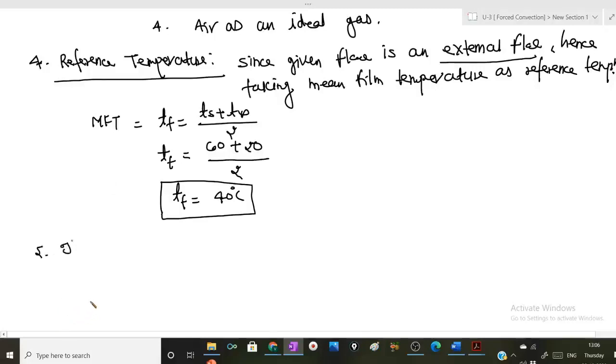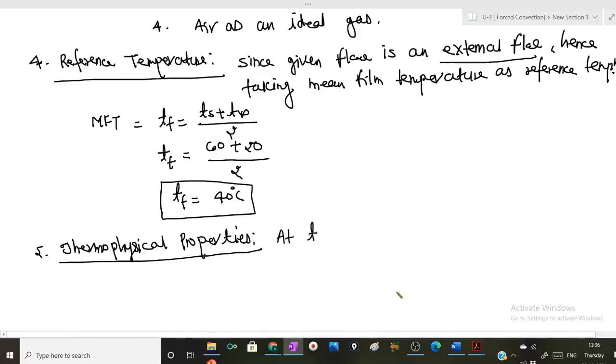Then step number 5 is thermophysical properties. Now how to find out these thermophysical properties?